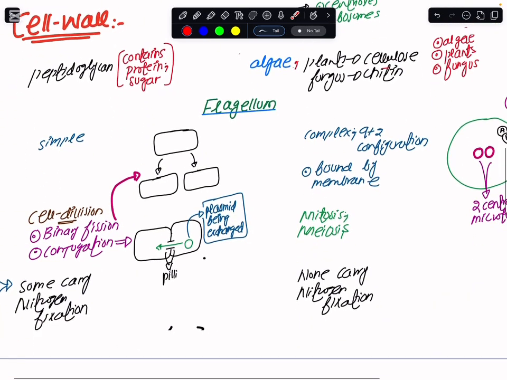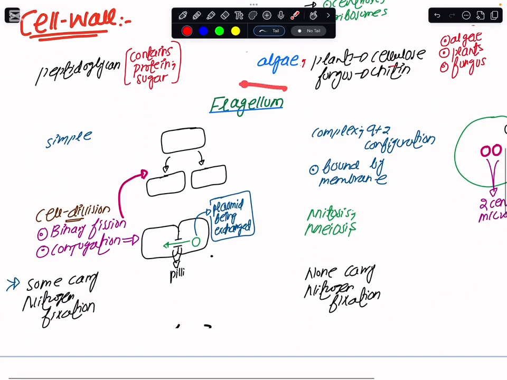Now, if we talk about the difference in terms of the flagellum, the bacteria that are motile, those that have an ability to move, have a flagellum with a simple configuration. But the flagellum of eukaryotic cells has a complex orientation of the microtubules that make up this flagellum.